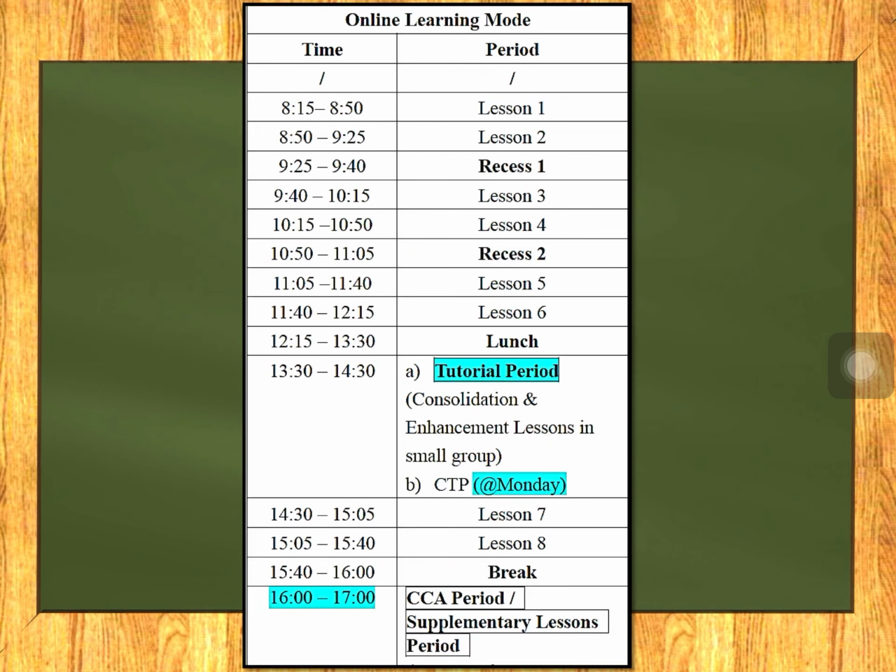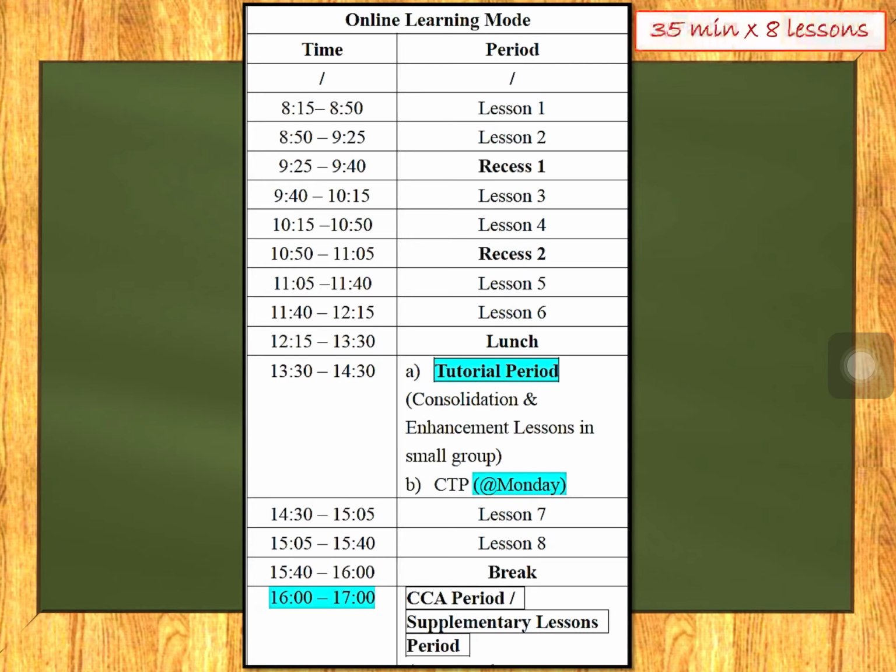Suppose all classes in all levels are conducted online from the 14th of September. You will follow this online learning timetable that you see on the screen. Each lesson will last for a little bit longer than the ones in the special timetable, and that is 35 minutes.